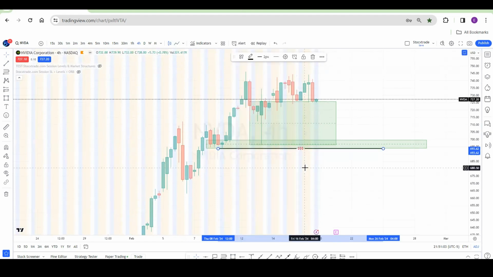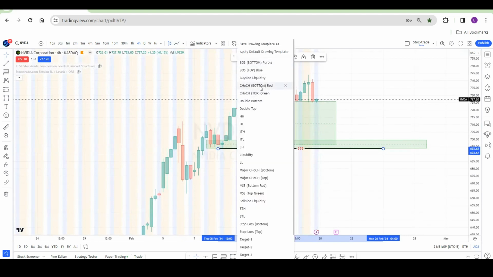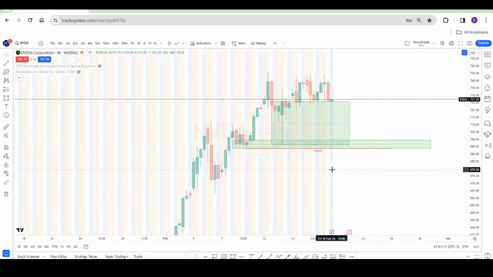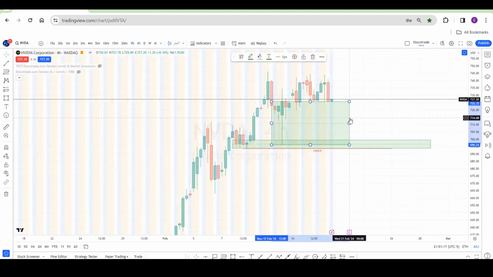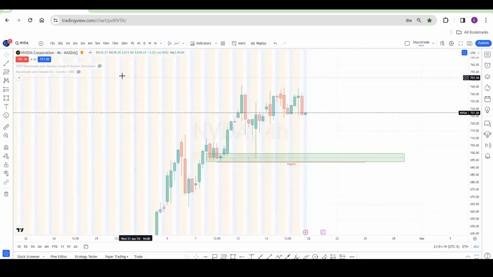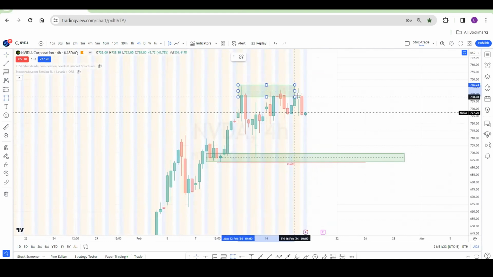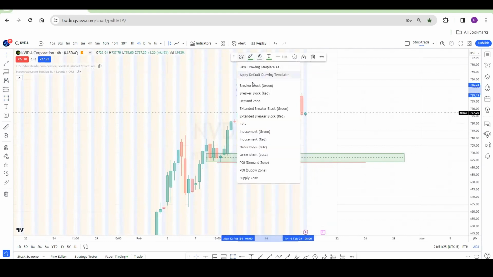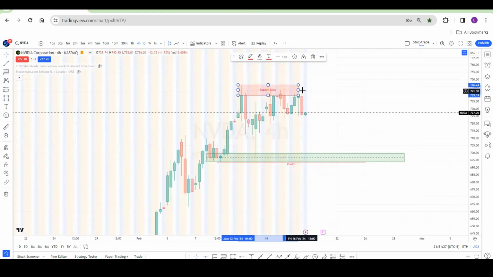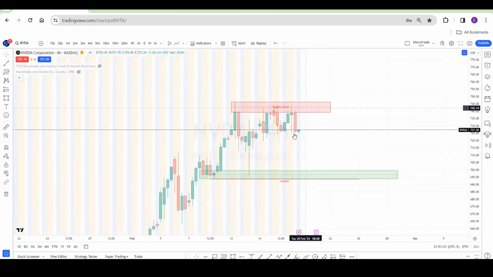So this level on the 4-hour chart will basically be your change of character. More liquidity to grab from there. That's why. You see the VIX. So it is creating a supply zone here.